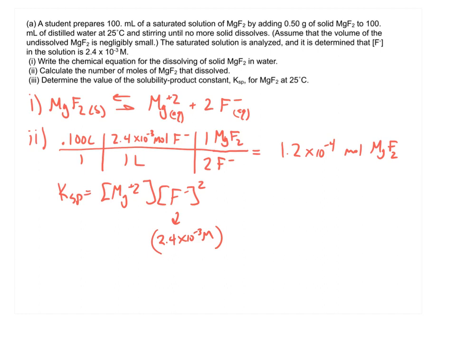But I can use the answer from part 2 to figure out the Mg2 plus concentration. Because in the balanced chemical reaction from up above, 1 mole of MgF2 is equal to 1 mole of Mg2 plus. So I calculated 1.2 times 10 to the negative fourth moles of MgF2.